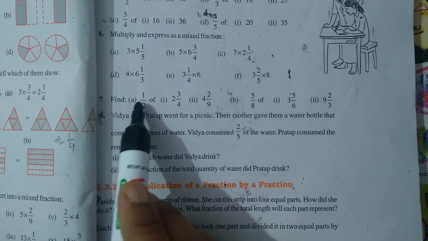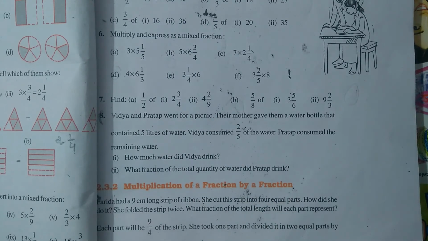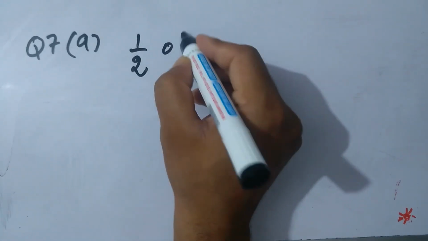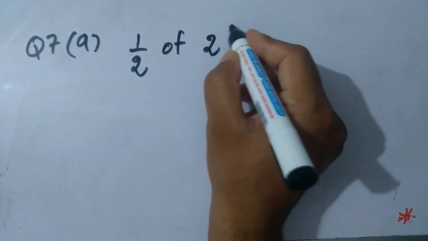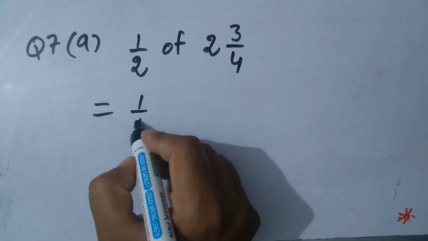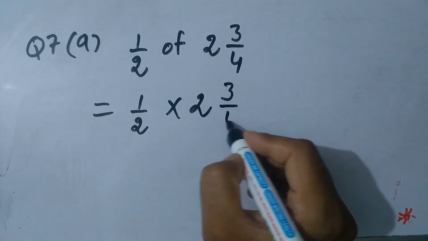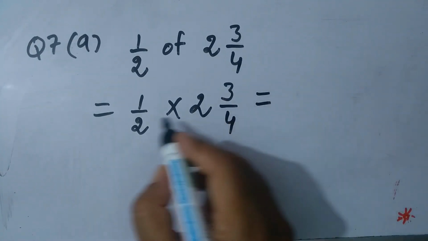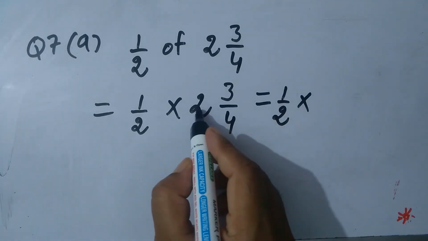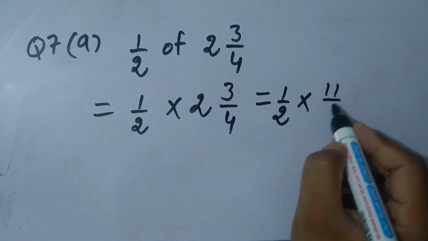Find a part, 1 by 2 of 2 and 3 by 4. What is the question? 1 by 2 of 2 and 3 by 4. That means 1 by 2 into 2 and 3 by 4. So this can be written as 1 by 2 into, this mixed fraction means 4 into 2 is 8, 8 plus 3 is 11 upon 4.